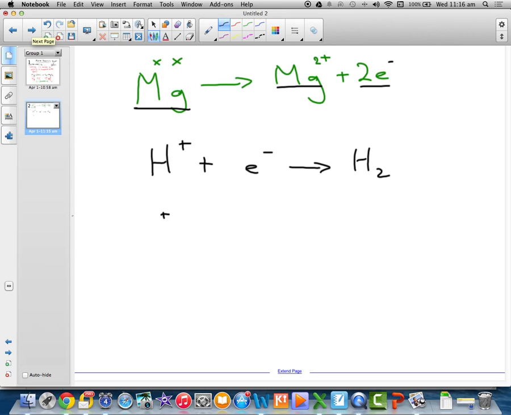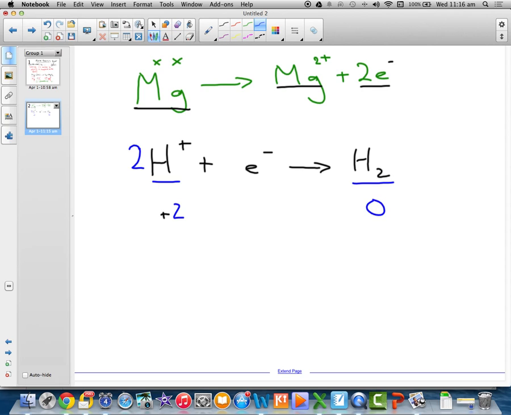So in order to balance this, we've got 2 hydrogens on the right-hand side, but we've only got 1 here. So to balance that, we put a 2 in front of the hydrogen ion. One more thing to check is that the charges are also balanced. So on the left-hand side here, we have 2 times plus 1. So the charge on this side is plus 2, and the charge on this side is 0.